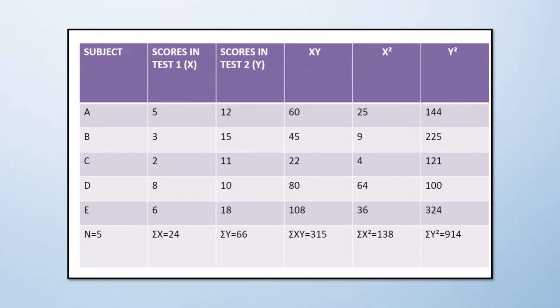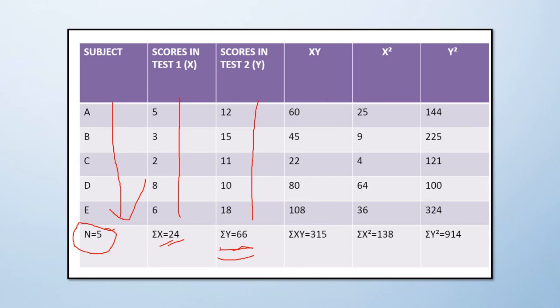Dear student, for time saving, I directly take the resulting figures here. ABCD, there are 5 subjects of data, so n is equal to 5. Test 1 is the x variable, so summation x is equal to 24, and y total is 66. You can verify on your calculator.